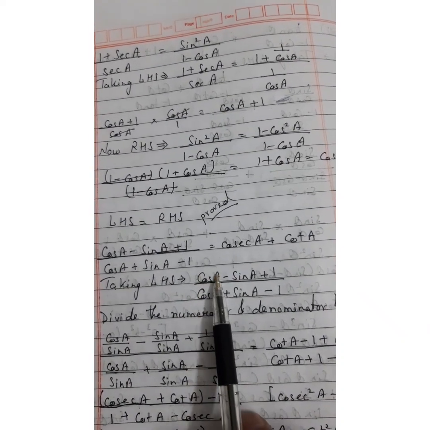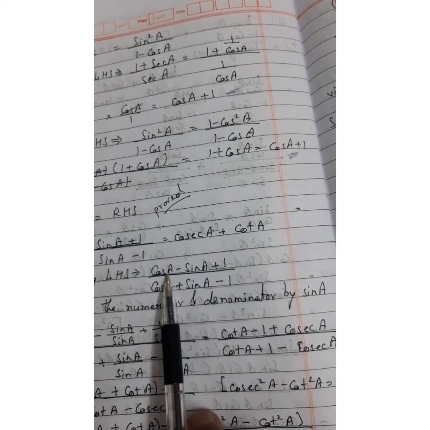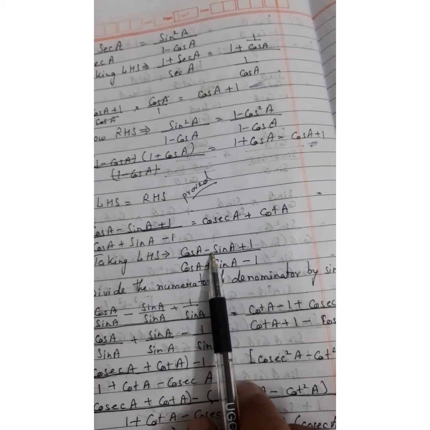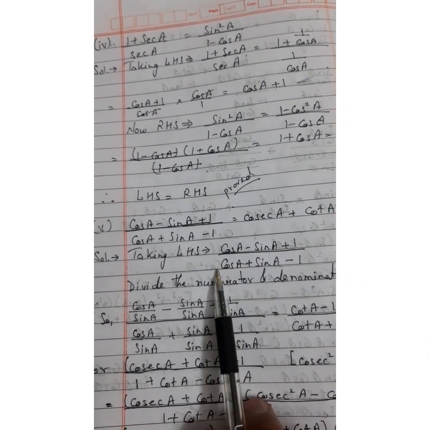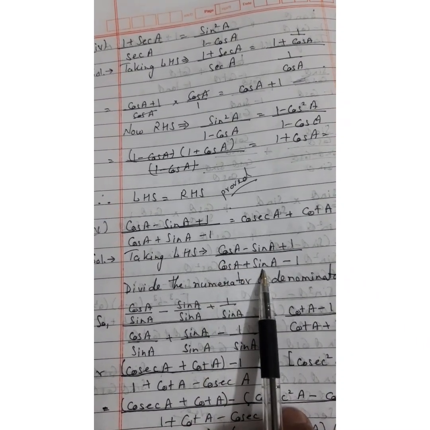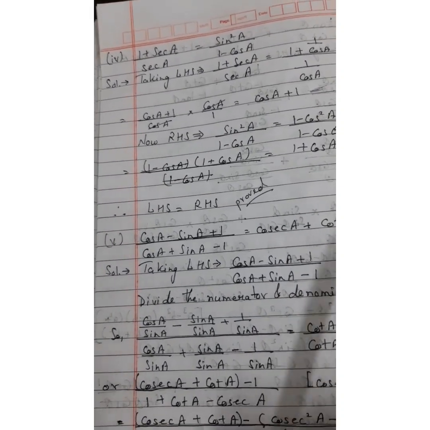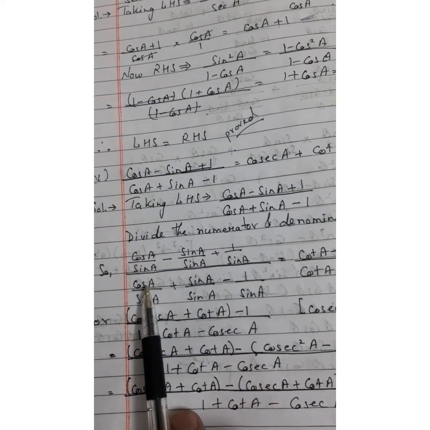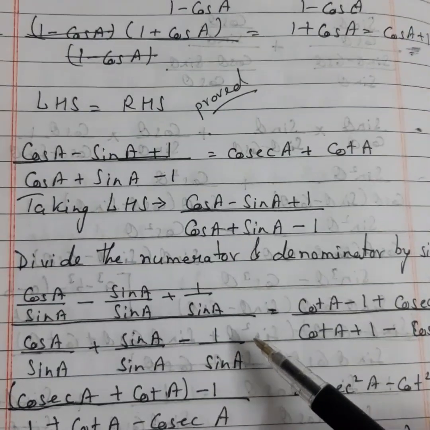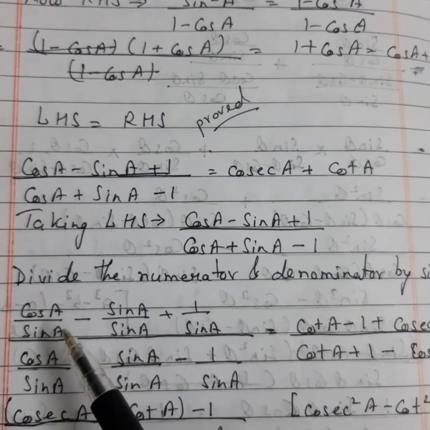divide. We have to divide the numerator and the denominator by sin a, right? So cos a upon sin a minus sin a upon sin a plus 1 upon sin a, whole upon cos a upon sin a plus sin a upon sin a minus 1 upon sin a. So we have divided the numerator and the denominator by sin a.